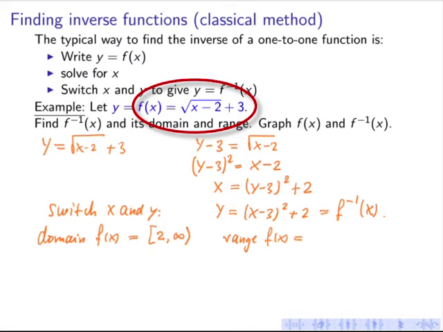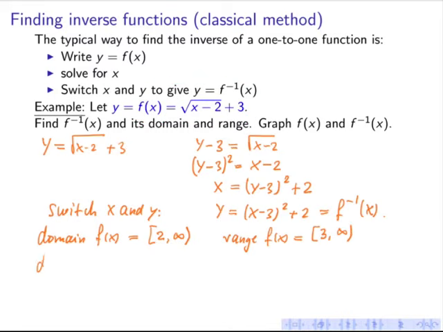If I sub in 2, the lower boundary, then the value of f is equal to 3. If I sub in larger values of x, I get larger values of f(x). In fact, I go to infinity if I use arbitrarily large numbers. So the range here is 3 to infinity.